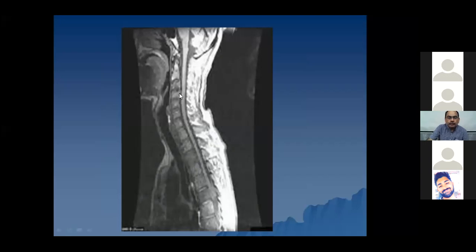You can see the spinal cord, the vertebral column, trachea, the blackish one, and the soft tissues of the chest and adjacent to the upper neck. Again, a normal examination.